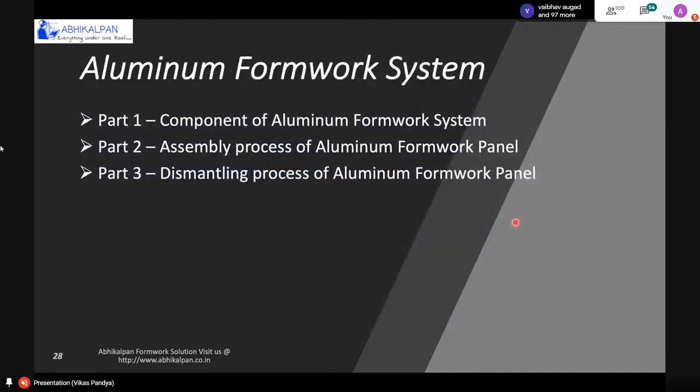In the next part, we will discuss the aluminium formwork system in detail. Why aluminium formwork system? Because nowadays in India, this is a widely accepted formwork system. In 2015 our Prime Minister announced a scheme, Pradhan Mantri Awas Yojana, according to which, till 2022, every person in urban areas should have their own home.